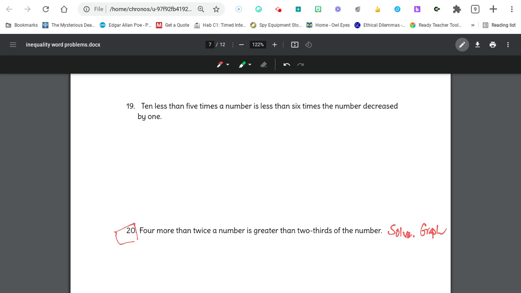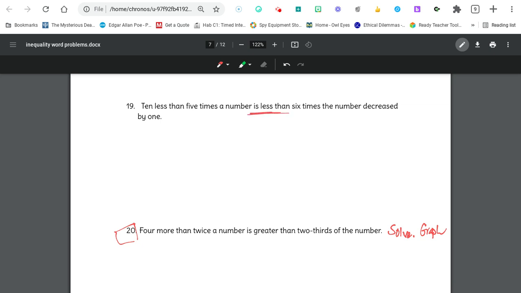10 less than 5 times a number is less than 6 times a number decreased by 1. So one of these less than's is going to mean it's an inequality, and the other one is going to be a subtraction sign. Here it says 10 less than 5 times a number is less than 6 times the number decreased by 1.